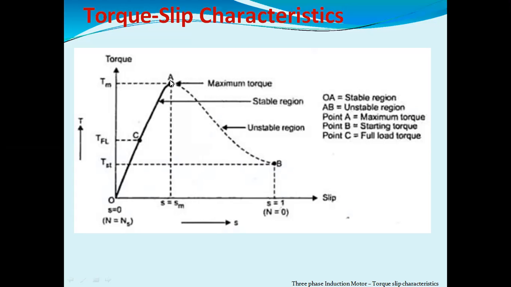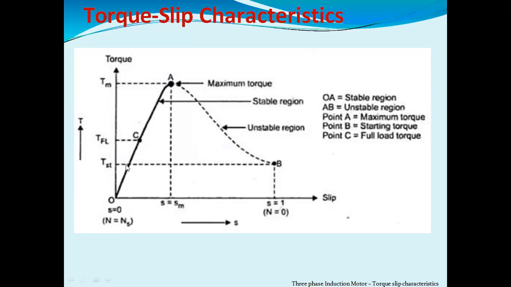But if you see at point A, we will get the torque that will be maximum. And after that, that torque will go on reducing. So here we are saying that region A to B is an unstable region, because if you see here, the value of torque is going to decrease.